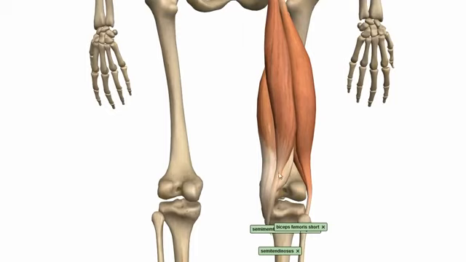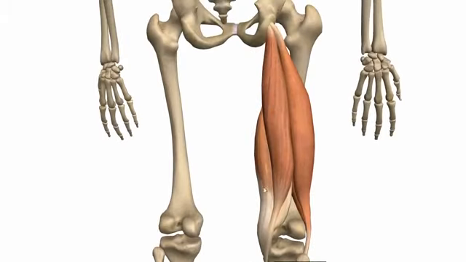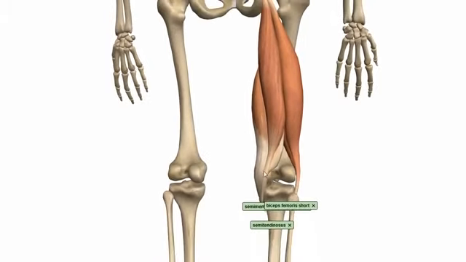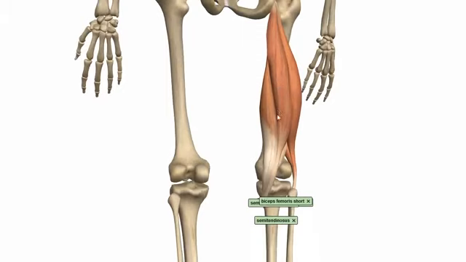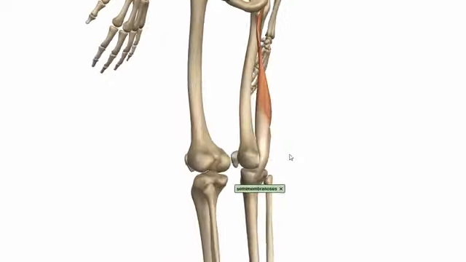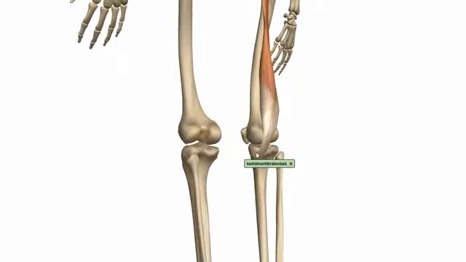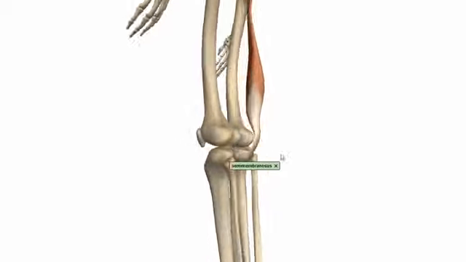So the semimembranosus muscle has the same action, extending at the hip and flexing at the knee joint. So it works together with the semitendinosus muscle. But let's just have a look at the insertion point. It actually inserts behind on the medial condyle of the femur, and it also inserts posteriorly on the medial condyle of the tibia.